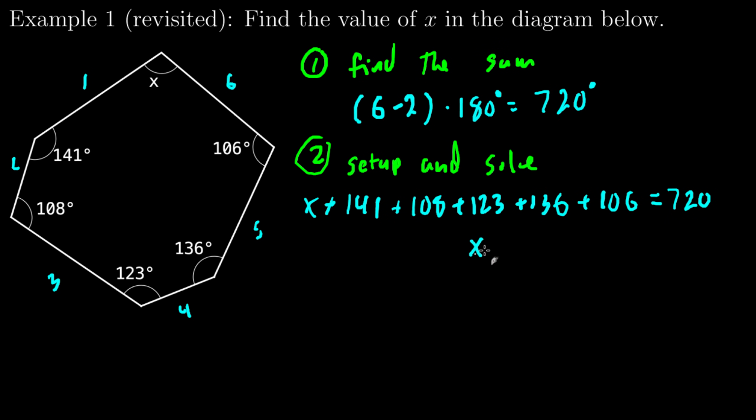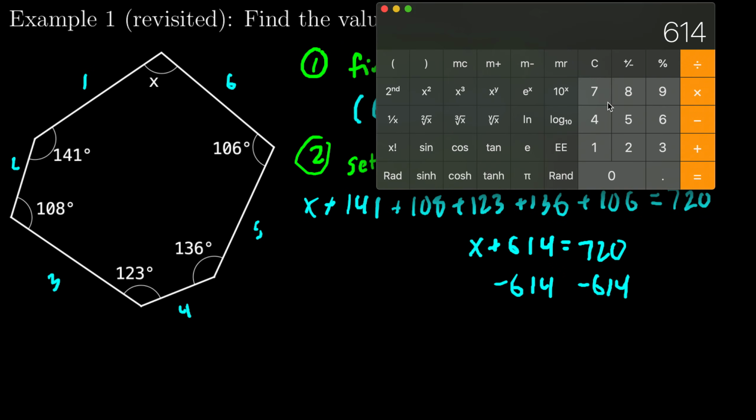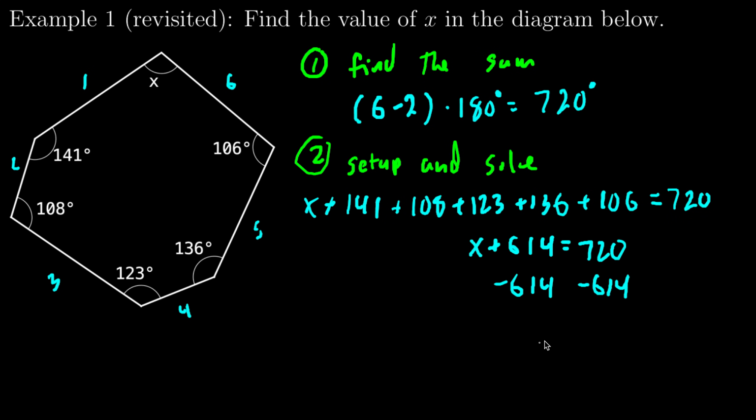So x plus 614 equals 720. I will subtract 614 from both sides, and I will get 106 degrees. So x is 106 degrees.